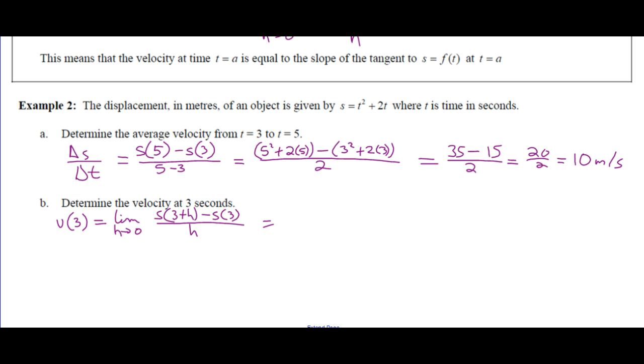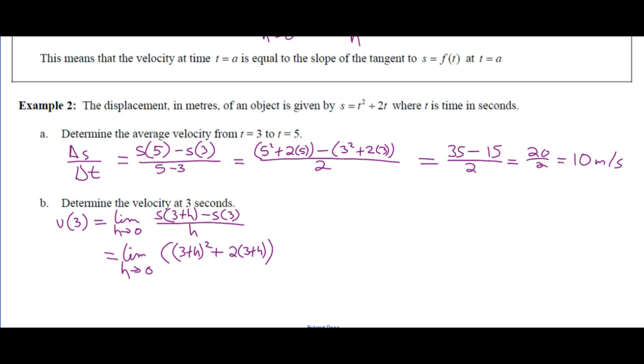And I guess we're going to head across. Now we can head down. So the limit as h approaches 0 of, okay, so s of 3 plus h is going to be 3 plus h quantity squared plus 2 times 3 plus h.